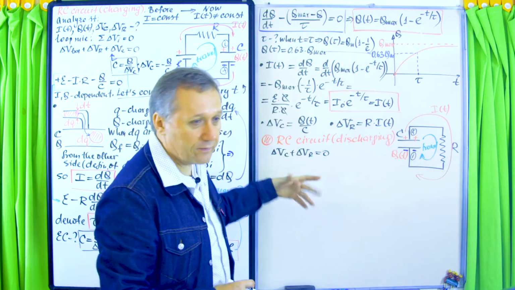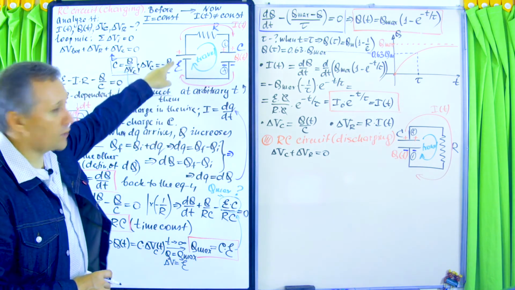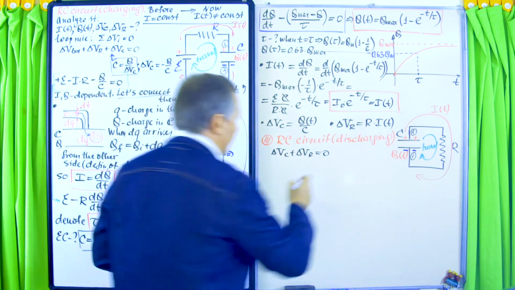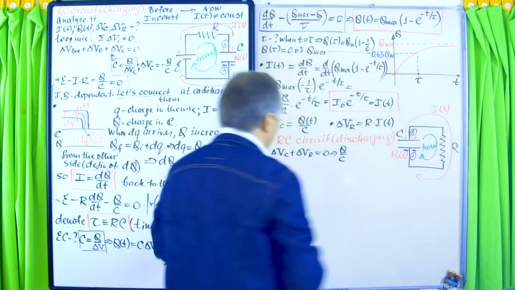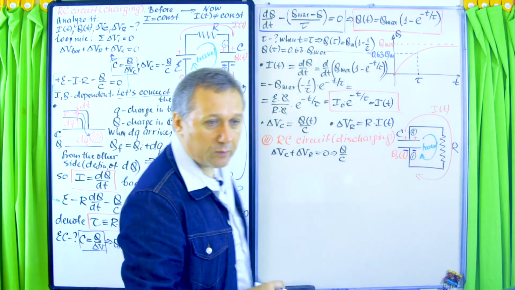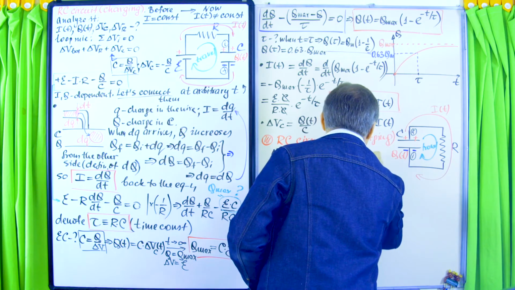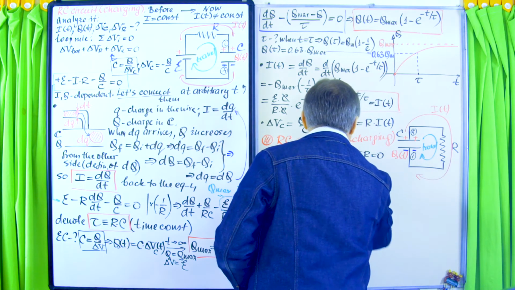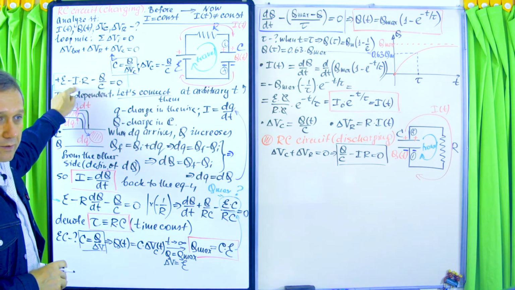So delta V must be positive, and the absolute value of that delta V is Q over C again, right? But positive now. So it will be Q over C. Then the contribution from the resistor, again, directions are the same, so the contribution must be negative: minus I times R, and equals 0. So that is this equation, basically, right?